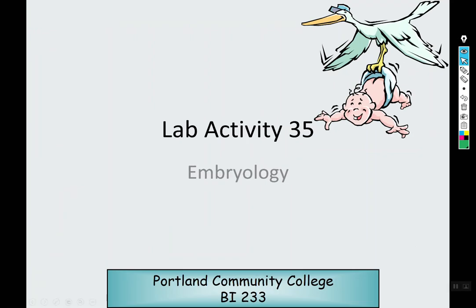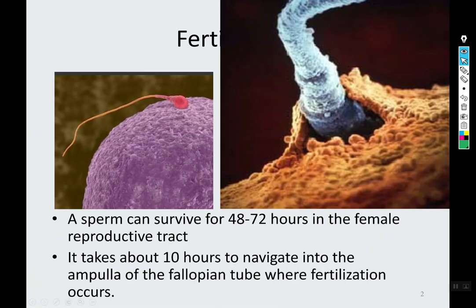Okay, so embryology is how you make a zygote become one of these. So this is the act of fertilization. You can see this is a sperm. Here's the head, midpiece, and the flagellum. And this is the zona pellucida of an egg, which remember is not the egg's cell membrane, but rather a connective tissue barrier.